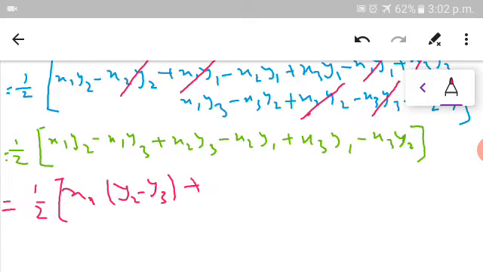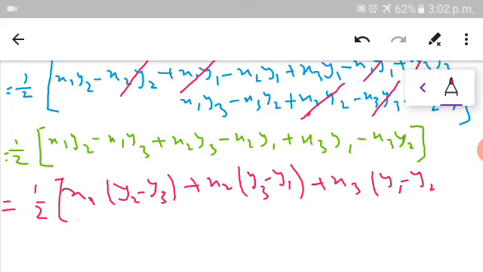Among the third and fourth you can take x2 common, so you'll have y3 minus y1, and in the last two you can take common x3, that is y1 minus y2. So you'll have a formula for finding the area of a triangle whose coordinates of the vertices are given, that is 1 by 2 x1 y2 minus y3 plus x2 y3 minus y1 plus x3 y1 minus y2.